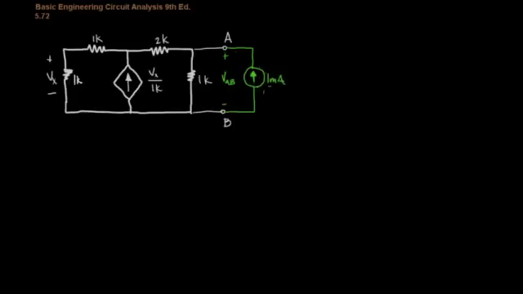Okay, so let's look at how that works. What I've done is chosen to put in a current source, and so I need to know what VAB is. I can use any of the methods that I've encountered so far, and I think I'm going to use nodal analysis. I'll select a ground node, and then I'll label all of the node voltages.